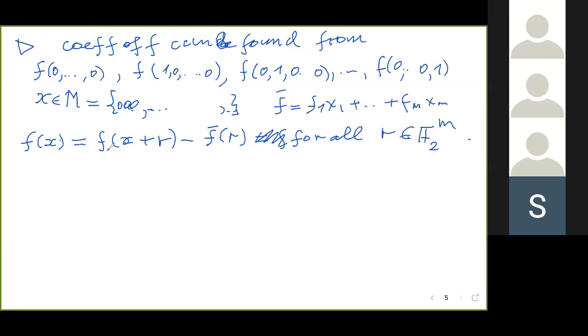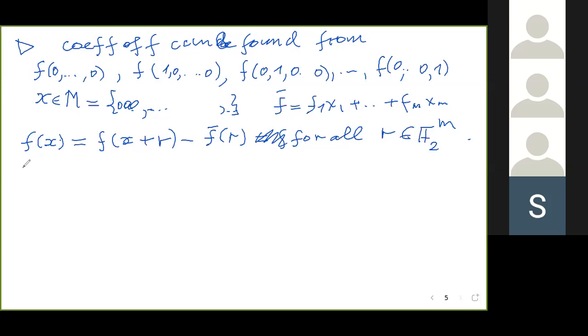Okay, now of course we can use this equality, but because we do not know f, we do not know f bar, let's substitute here f by g.